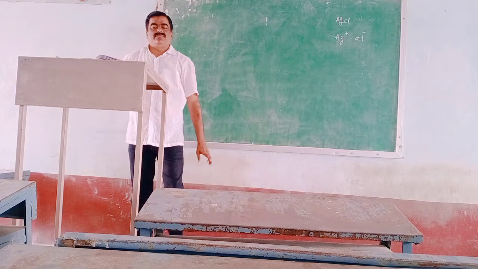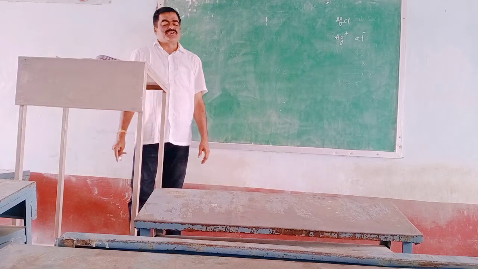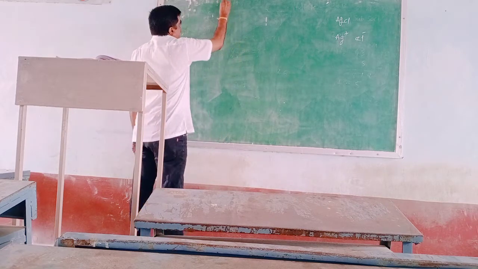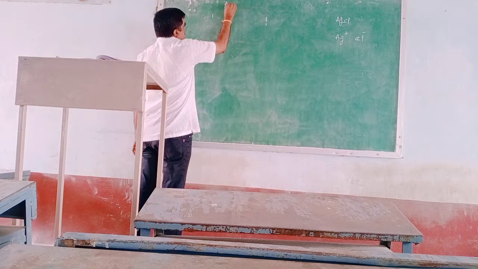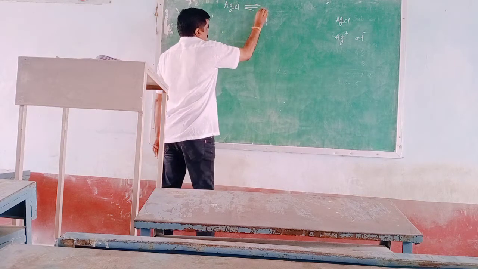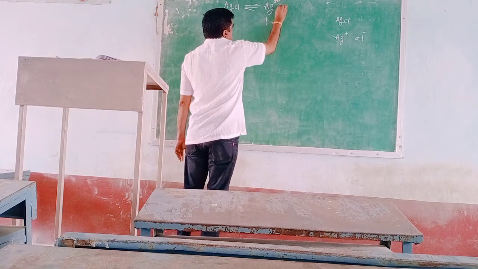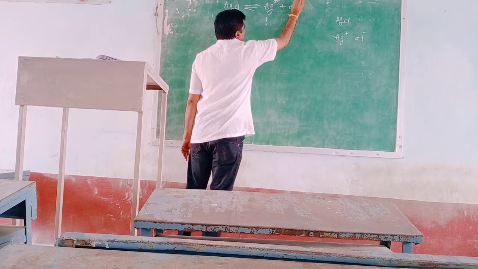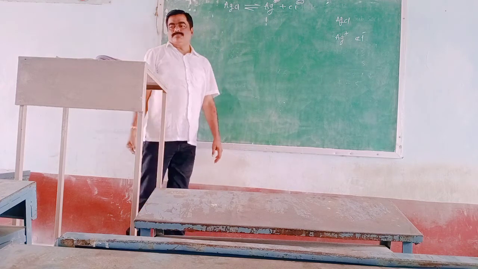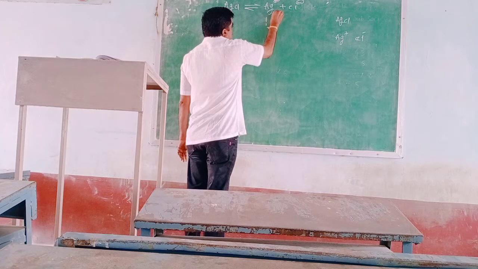This equilibrium is called the solubility equilibrium, which is represented as AgCl gives the Ag plus ion plus Cl minus ion in the aqueous medium.